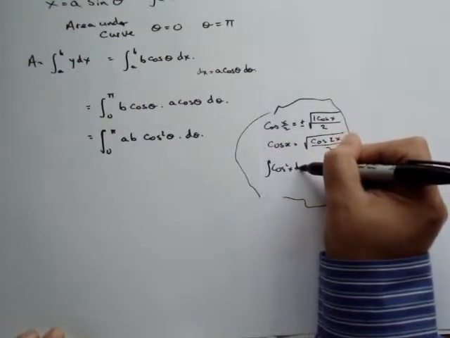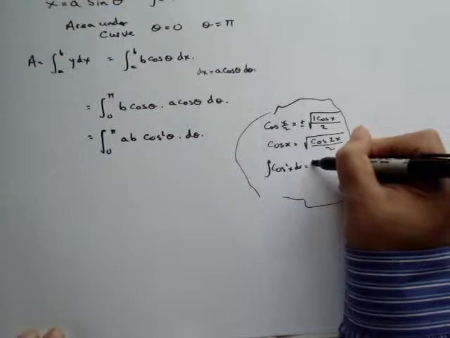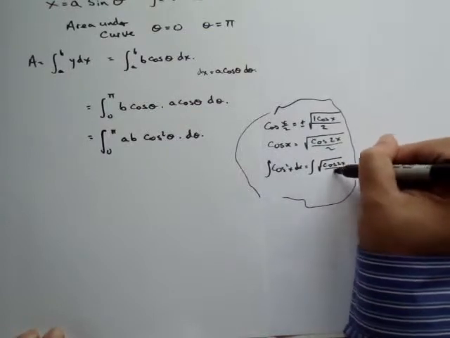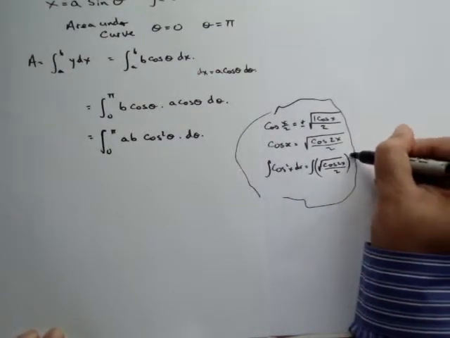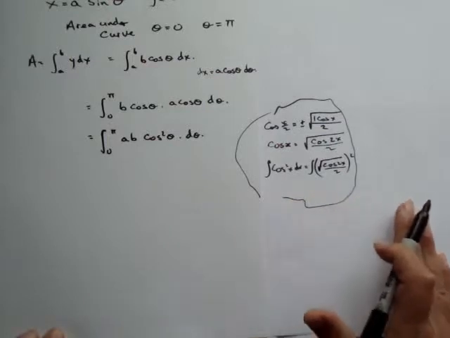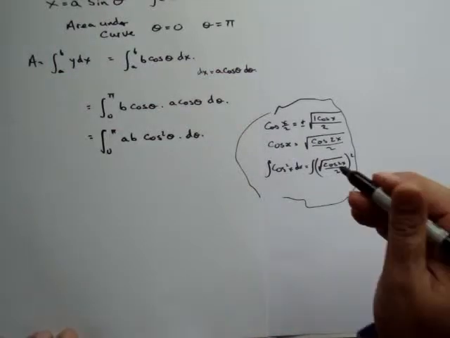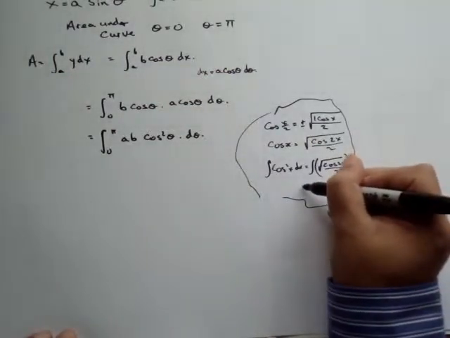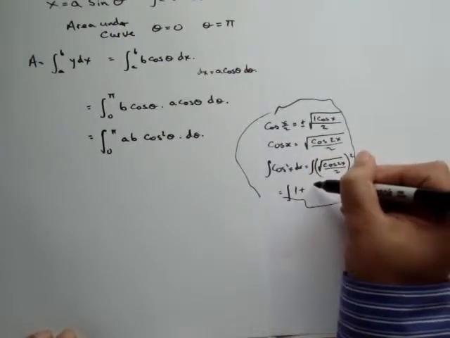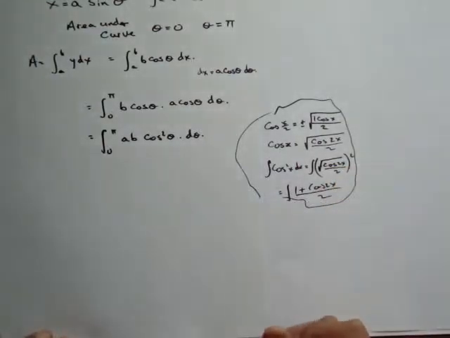So the integral of cos squared x dx then becomes the integral of all of this, the square root of 1 plus cos 2x over 2, all squared, which is, getting rid of the square root, 1 plus cos 2x all over 2 dx.